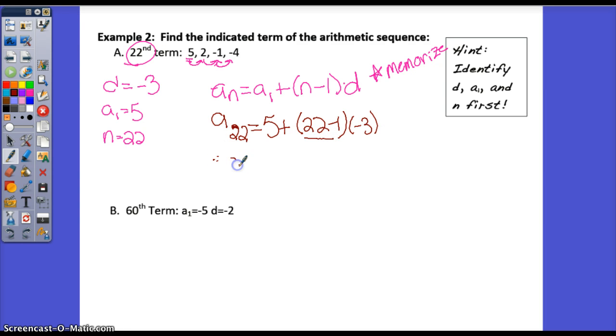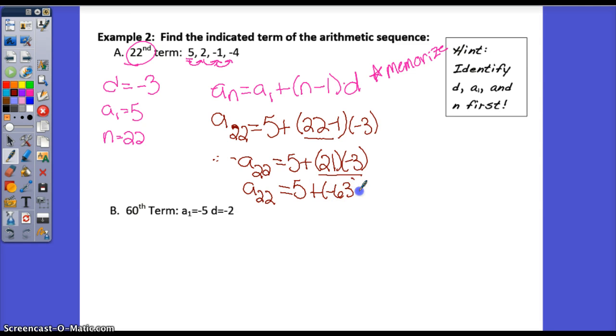The first thing that you're going to want to do is your 22 minus 1. So you get a sub 22 equals 5 plus 22 minus 1 is 21 times negative 3. According to PEMDAS, we do 21 times negative 3. A sub 22 equals 5 plus negative 63.